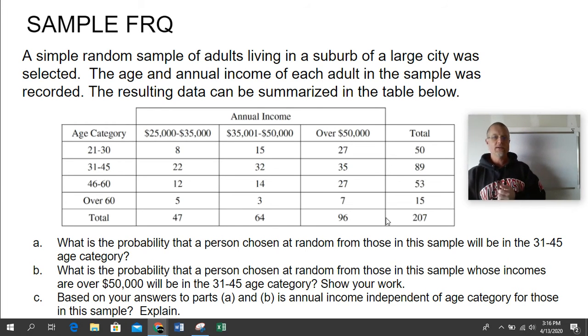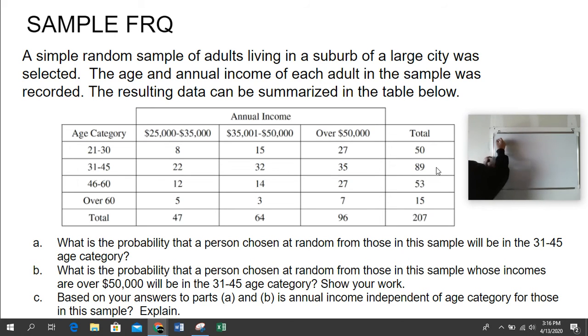So we look at this two-way table here and it says, what's the probability that a person chosen at random from this entire sample will be in the 31 to 45 age category? The 31 to 45 age category total is 89.